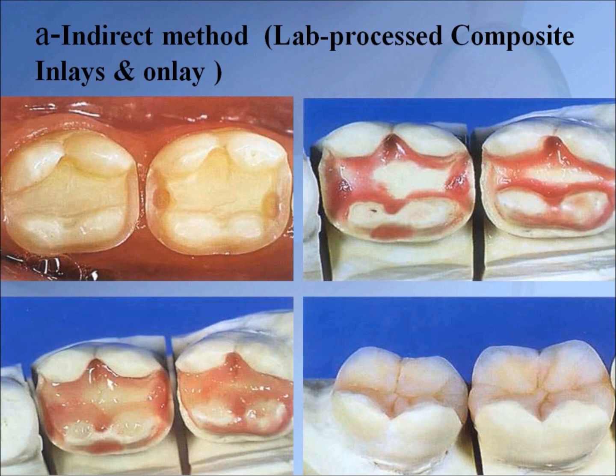Composite material is condensed in increments into the cavity and light cured for 40 seconds for each surface. The inlay is then removed and heat cured in an oven. The advantage of this technique is that the proximal contours can be achieved properly.